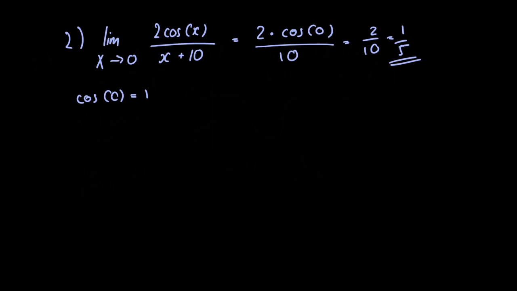So the limit as x approaches 0 of 2 times cosine of x divided by x plus 10 is equal to 1 over 5. And that's the final answer to this problem. Let's move on to a more difficult problem.